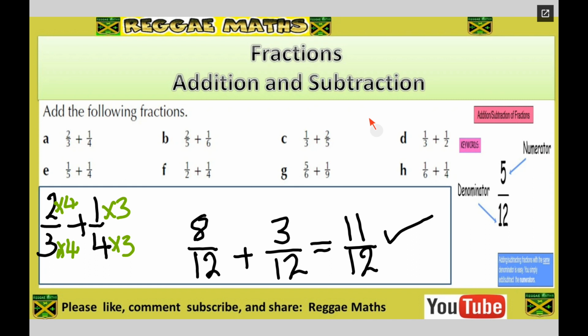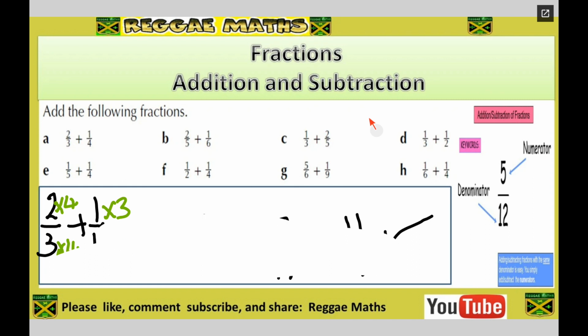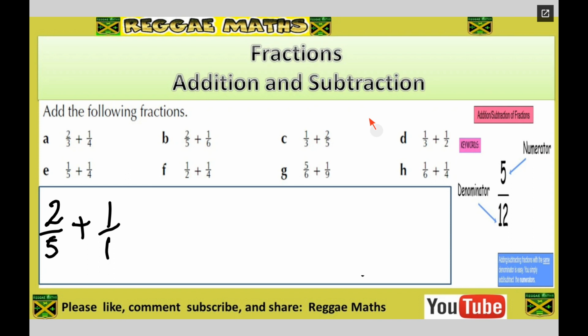The next question I'm going to do is question 2. I've got 2/5 plus 1/6. So again, lowest common denominator. For 5, we've got 5, 10, 15, 20, 25, 30.